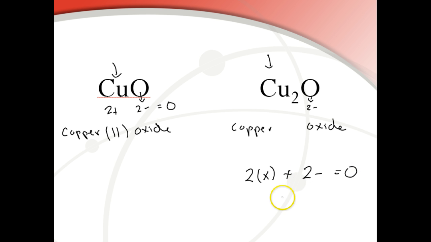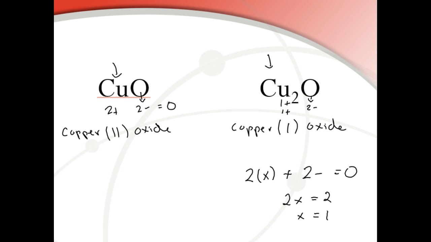Move the 2 minus over, and we get x is 1, right? And so this is copper 1 oxide. Now you don't have to do that. You can logically see that we'd need a 1 plus and a 1 plus to give us a 2 plus to cancel out that 2 minus. But that's one way of doing it. And so that's how we differentiate between compounds with transition metals.